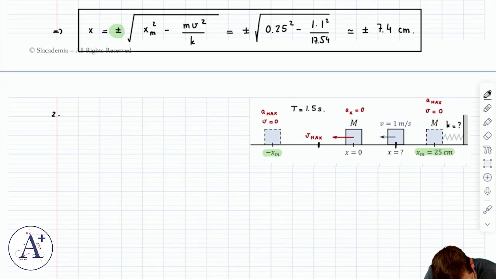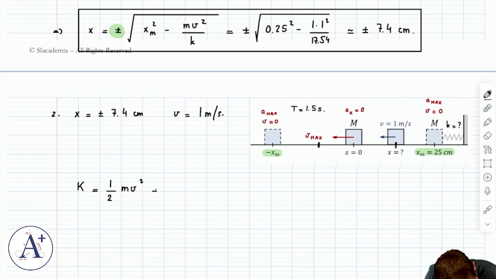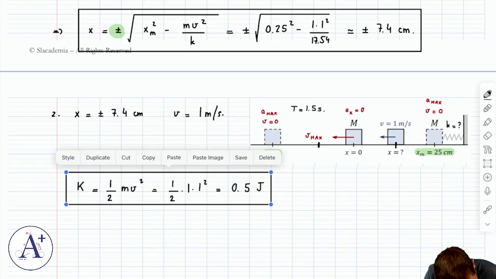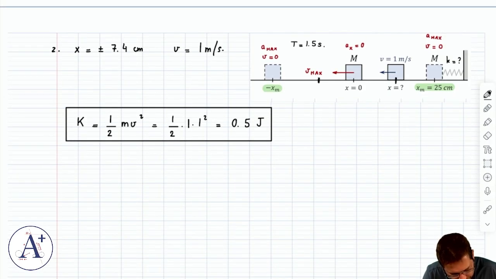And we know that at x equals plus or minus 7.4 centimeters, the speed v is equal to 1 meter per second. So the kinetic energy at those locations is going to be 1/2 mv squared. That's very easy. So that's 1/2 times 1 times 1 squared, which is 0.5 joules. That's by definition, right? It's just 1/2 mv squared.